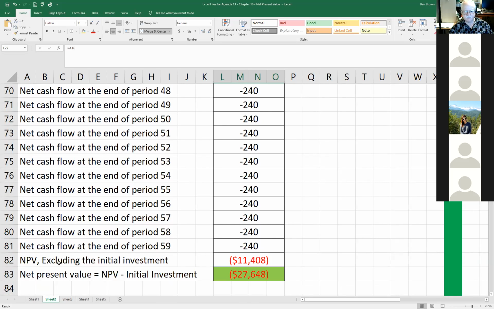So then we have the net present value, and this just includes the 240 we're paying out every month. And then we need to include the initial investment. So it turns out that over the 5 years, the total cost of the new car is $27,648.